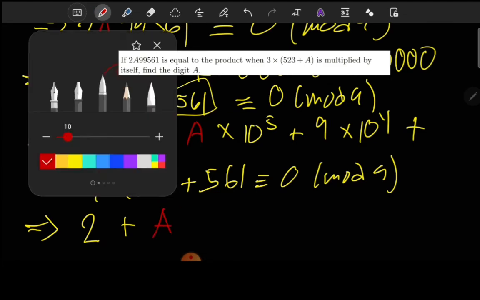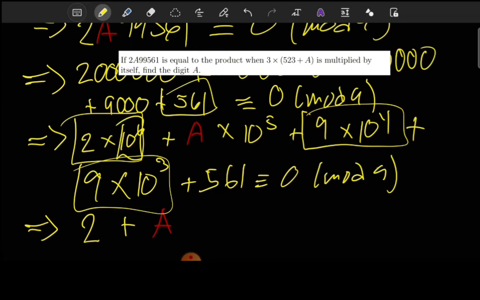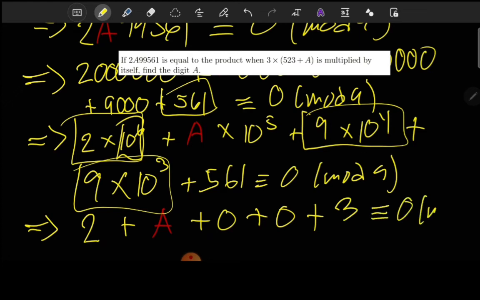So 2 plus a plus, these two numbers are really interesting, because if I take the modulo of these two, it becomes 0, because 9 divided by 9 is 1 with a remainder of 0. So I can just put 0 plus 0 plus 561. 561 modulo 9: if you divide it, the remainder of 561 over 9 is 3. So this is congruent to 0 modulo 9.